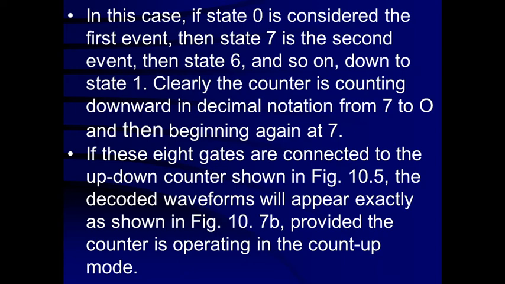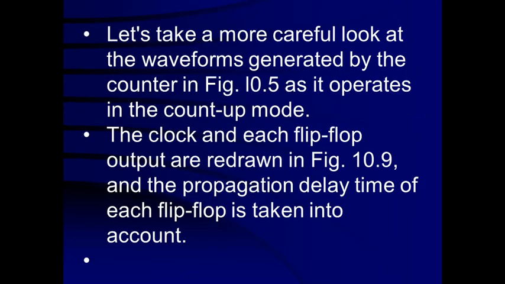If these 8 gates are connected to the up-down counter shown in figure 10.5, the decoded waveforms will appear exactly as shown in figure 10.7b. That means when it is operating in up mode, it will be 10.7a, and when it is operating in down mode, it is 10.7b. The clock and each flip-flop output are redrawn in figure 10.9, and the propagation delay time of each flip-flop is taken into account.